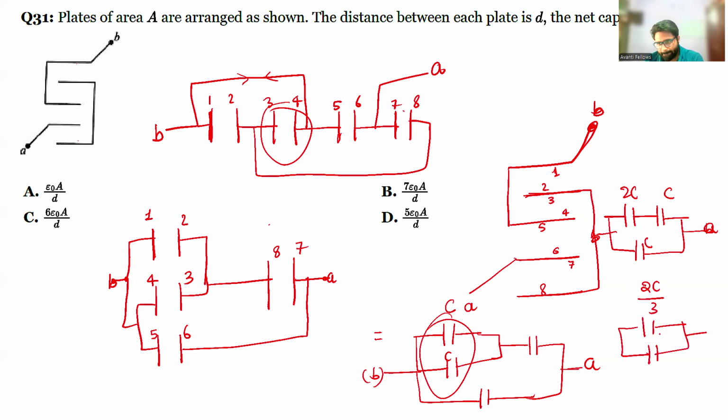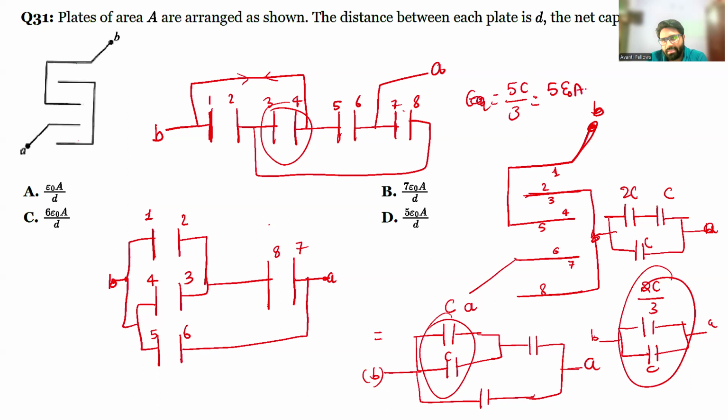Then C. Now, if you take these two capacitances combined, the equivalent capacitance that you are having, C equivalent, is 5C by 3. And when you expand the value of C, it will become 5 epsilon naught A by 3D.